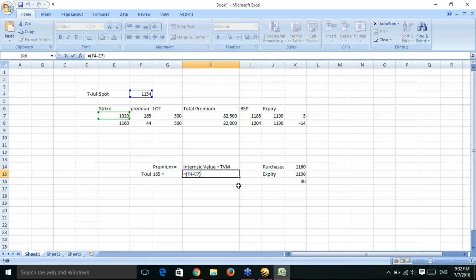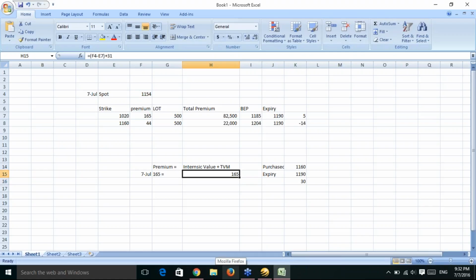Then what should be my time value of money? The time value is the premium minus the intrinsic value. So the remaining is my time value, broadly. If I subtract 134 from this, I'll get the time value. So this will be around 31.